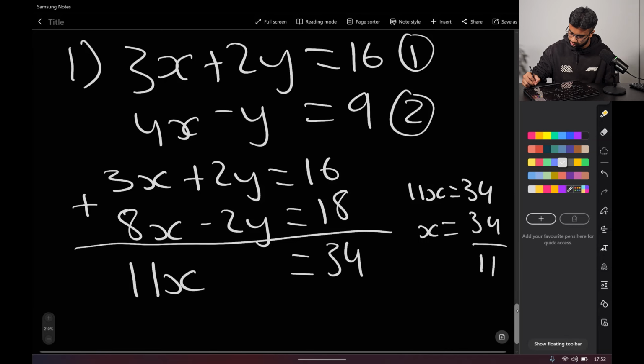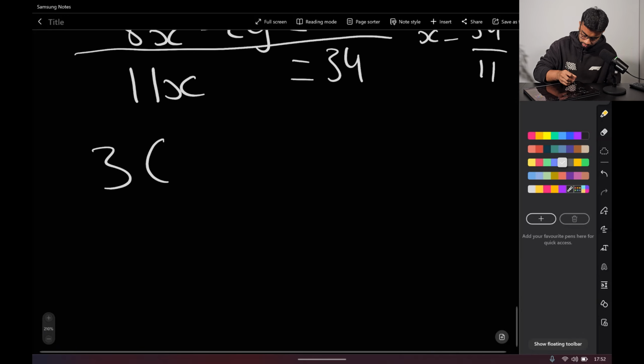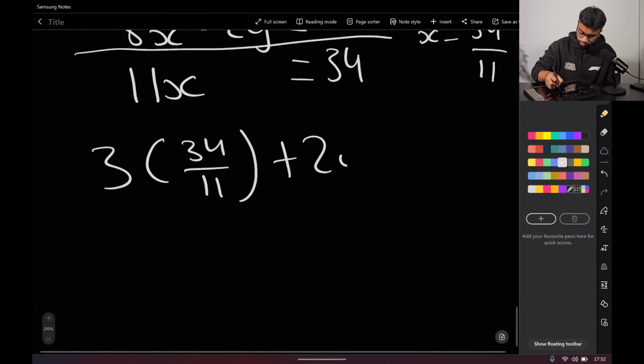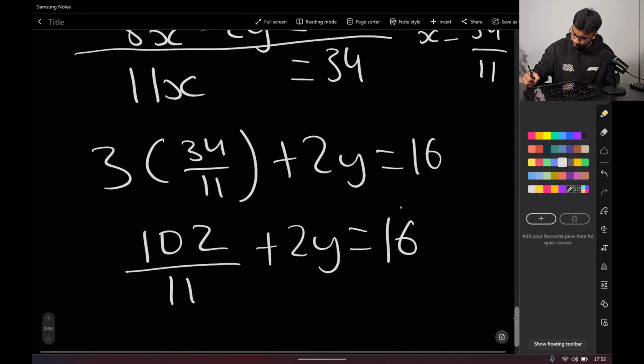So if we substituted this x value into our first equation, we'd get 3 lots of 34 over 11 plus 2y is equal to 16. If we multiply this, we'd get 102 over 11 plus 2y is equal to 16.